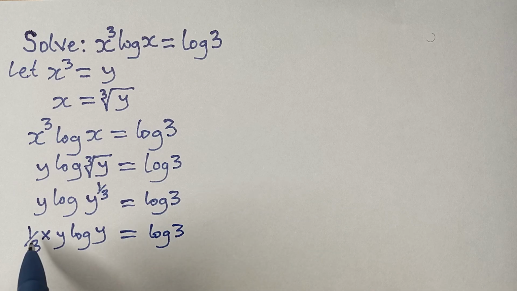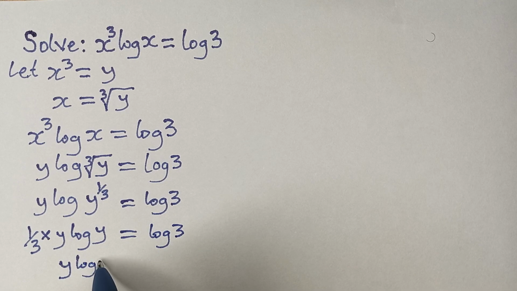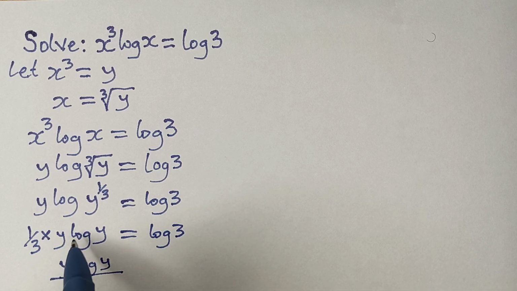So now, this can also be expressed as y log y now all over 3. As you can see there, the 3, which is the denominator here, can be brought out fully by writing y multiplied by log y as the numerator, and this 3, which is multiplying the 1 under, we have written it here.